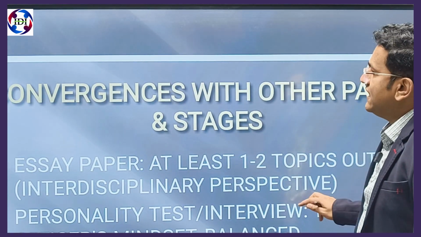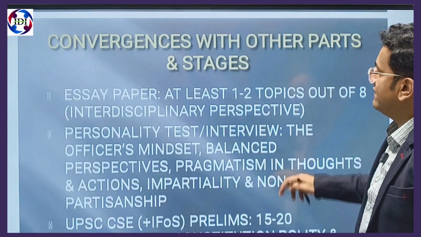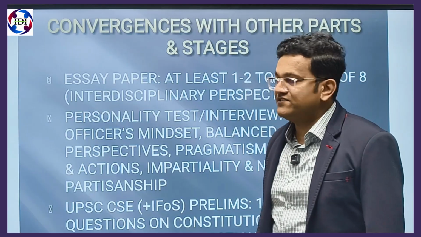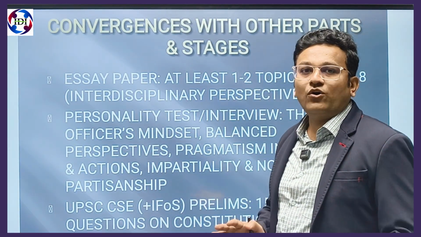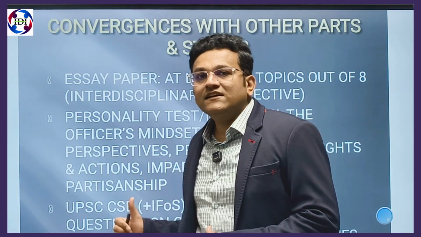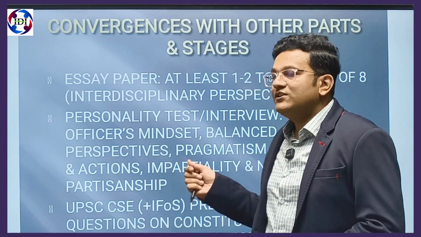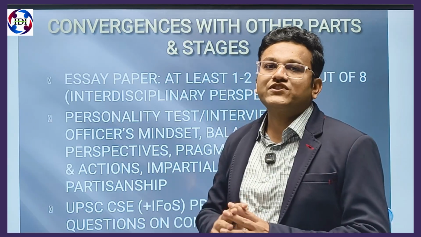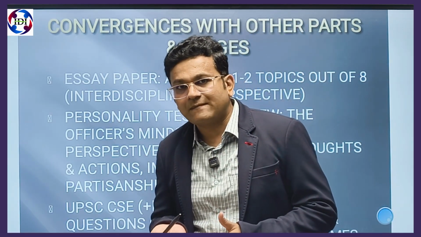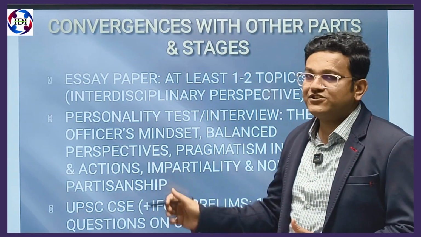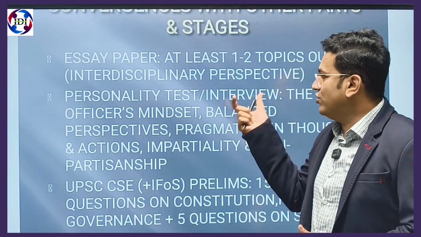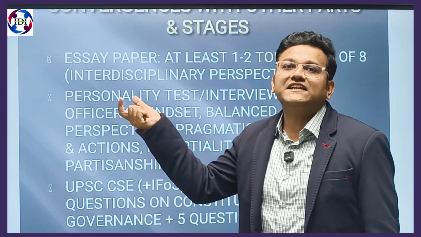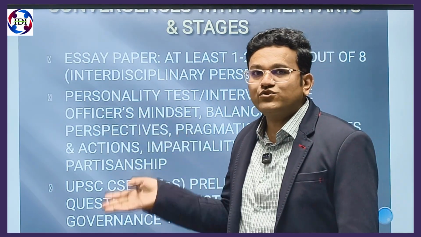Now we will see how public administration is convergent with the other papers and stages. In the essay paper, as I told you, at least 1 or 2 topics out of the 8 topics are directly related to or asked by the UPSC from the public administration perspective and discipline. Because public administration is an interdisciplinary subject, it will directly help you with those 1 or 2 topics, and this means at least 125 marks for sure.